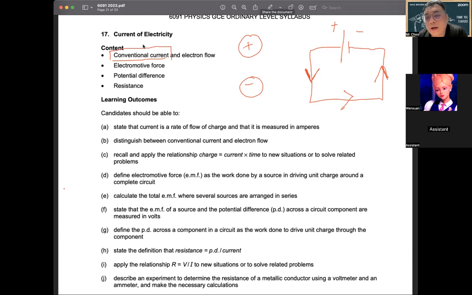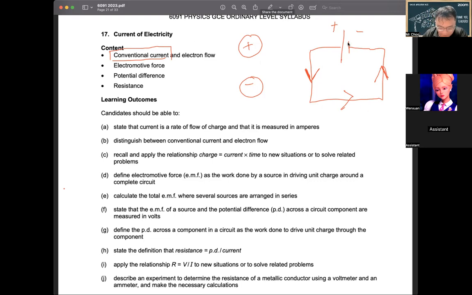It is the free moving electrons that move. For a long time, since people discovered electricity, we all assumed that positive charge moves from positive to negative. Does it make sense?